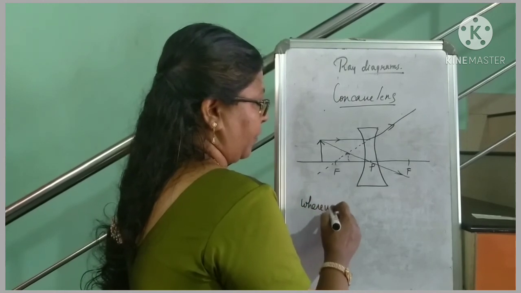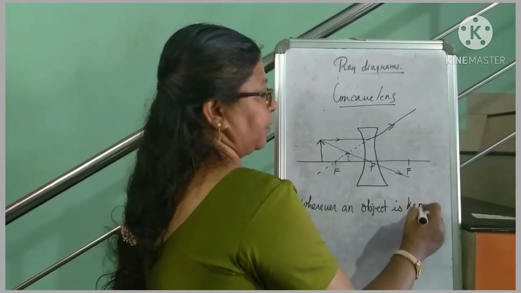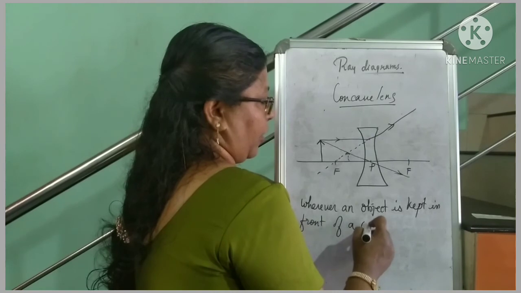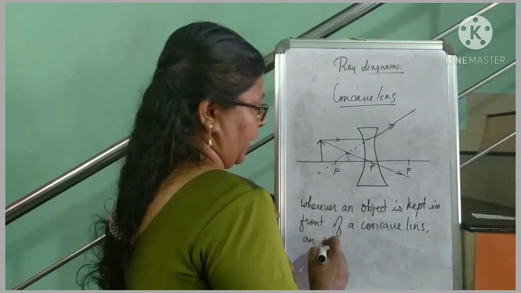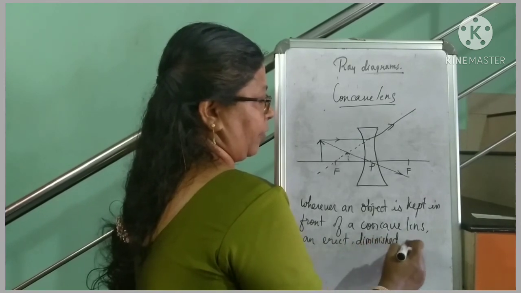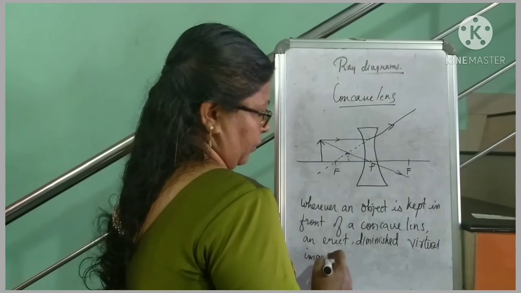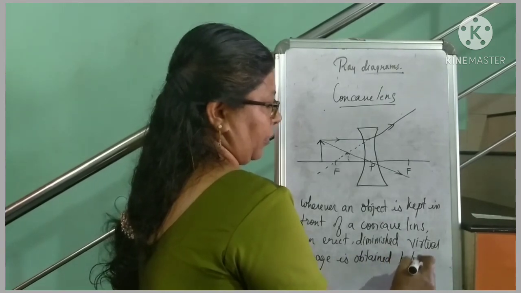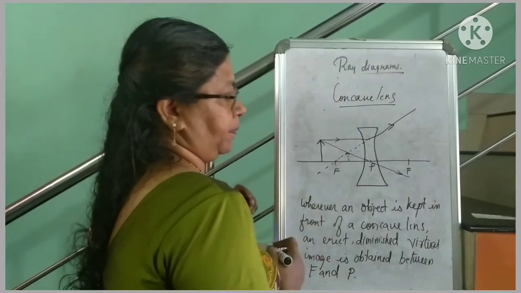Wherever an object is kept in front of a concave lens, an erect, diminished, virtual image is obtained between F and P. Understood?